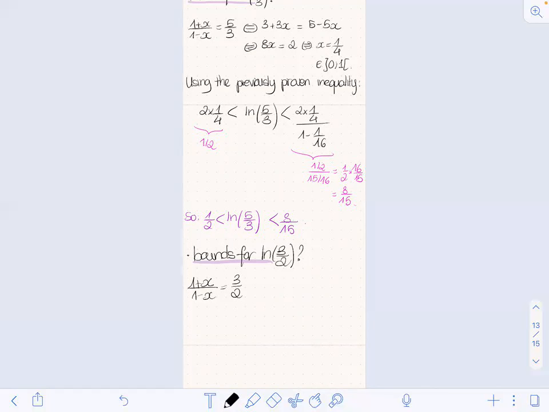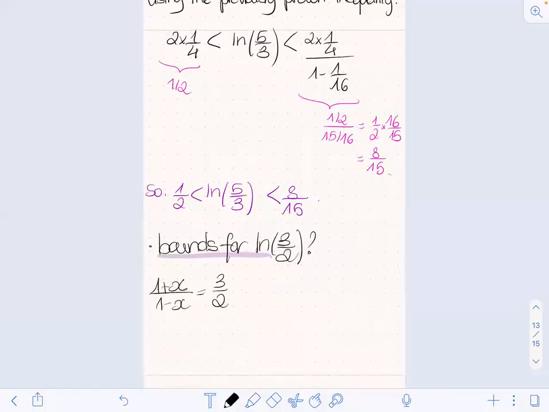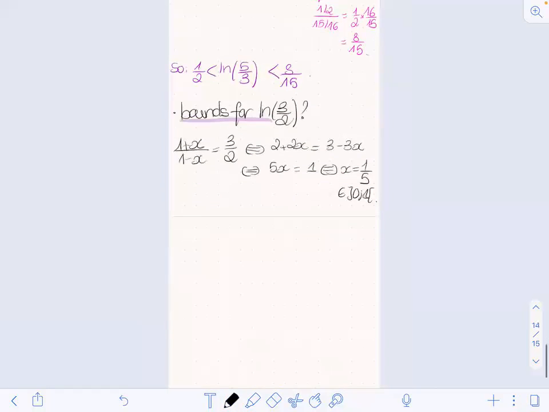Yeah, absolutely. I think that's the answer. So you should end up with 2 plus 2x equal to 3 minus 3x. And yeah, it looks like you get 5x on the left hand side equal to 1. So you get x equal to 1 over 5. And that belongs to (0, 1).